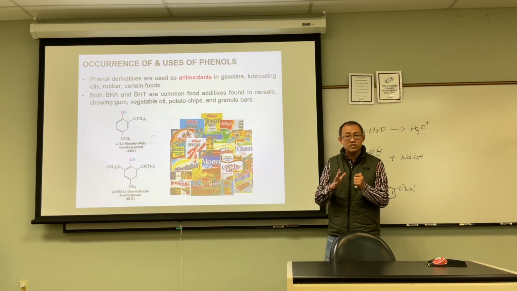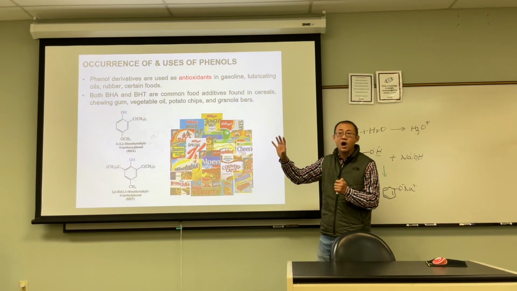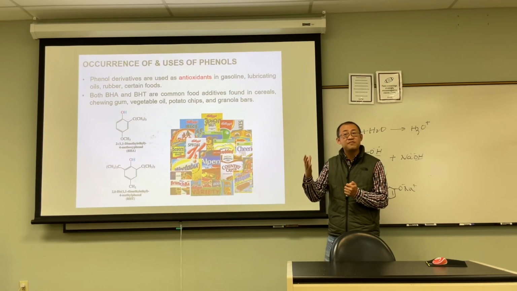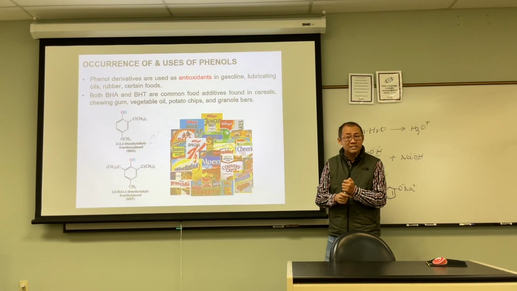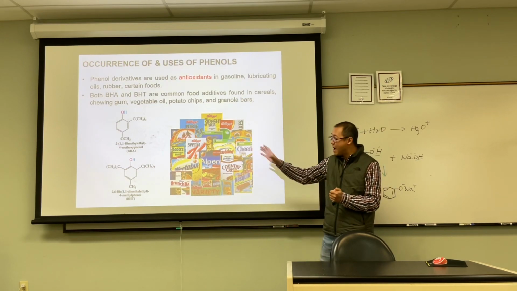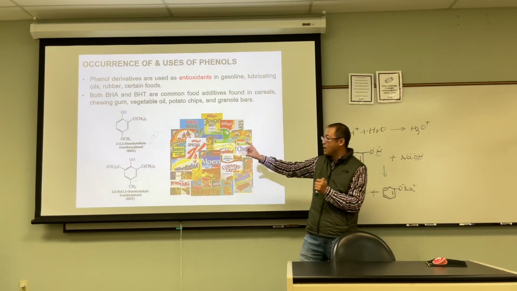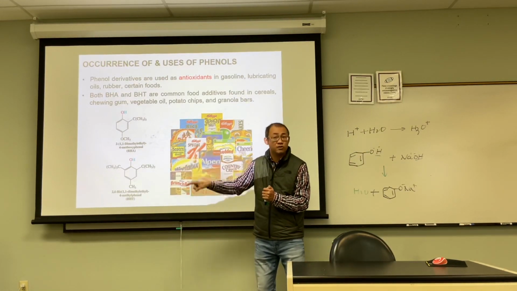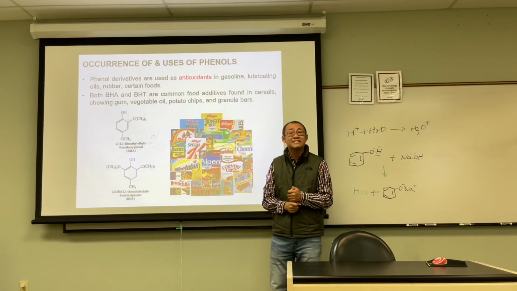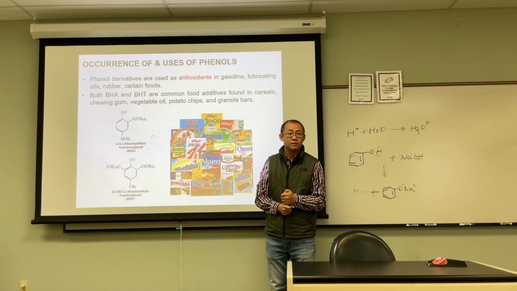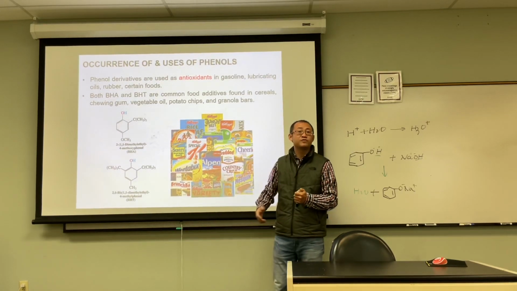Antioxidant doesn't mean those compounds are not oxidized. Remember, we see phenols are what? Very easily oxidized. So why do we add those? We add those so that when oxidation happens, it happens on the phenol first. So they're actually sacrifices to prolong the shelf life of food.